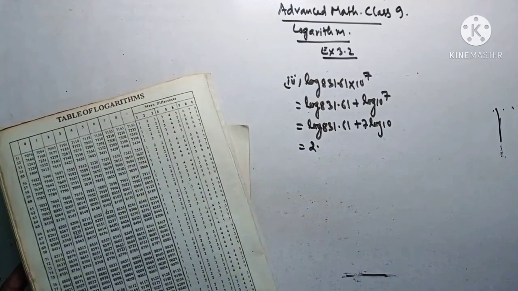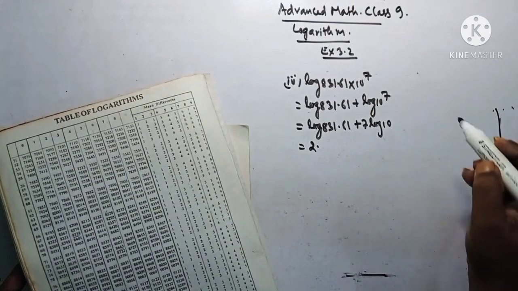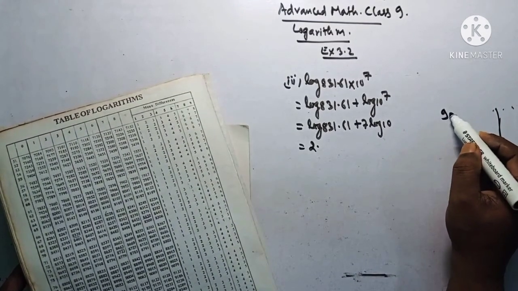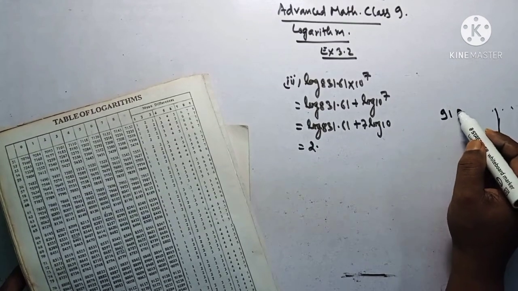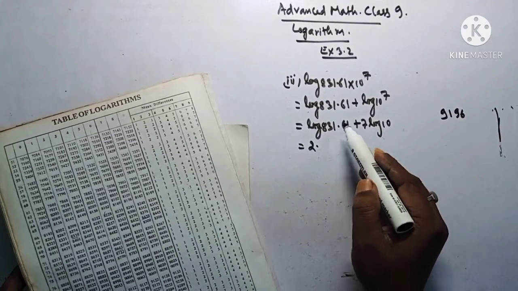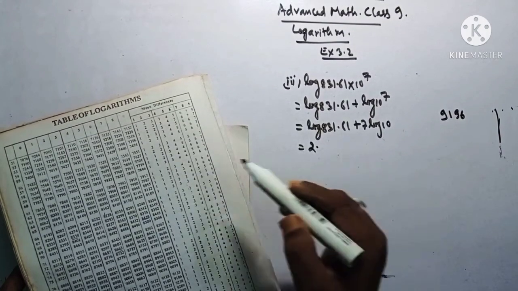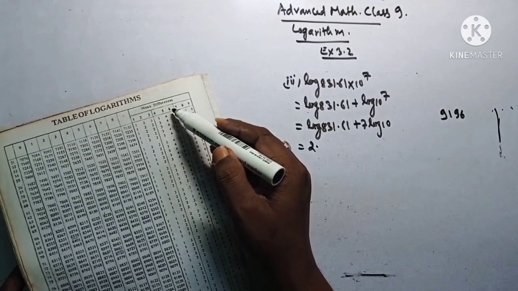Your 831 is 9196, and then this 6 you have to get from the mean difference.